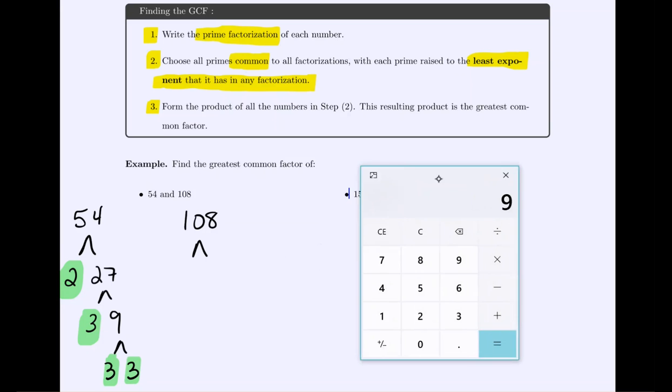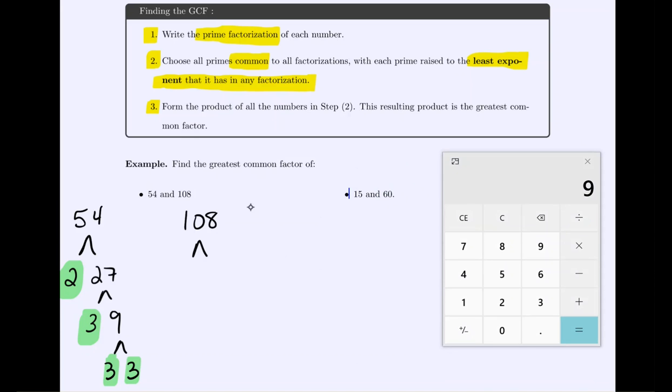That tells me the prime factorization of 54 is 2 times 3 times 3 times 3. That would be 3 cubed. And you can always check: 2 times 3 times 3 times 3 is 54. Now 108 is also even, so we know it could get split into 2 and 54.